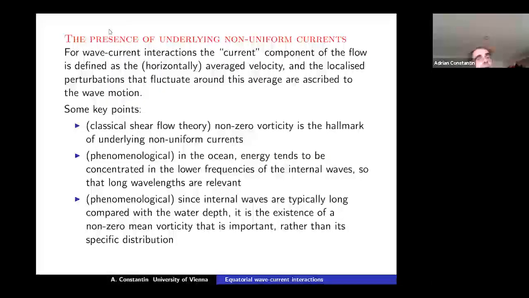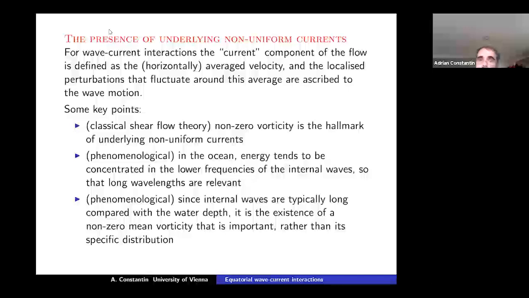Now, about this non-uniform current. The current can be defined by taking a horizontal average, and that mean represents the current, and then the waves are fluctuations around this. And just as a non-zero vorticity tells you that there is a non-uniform current.